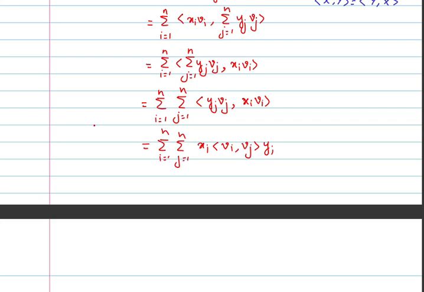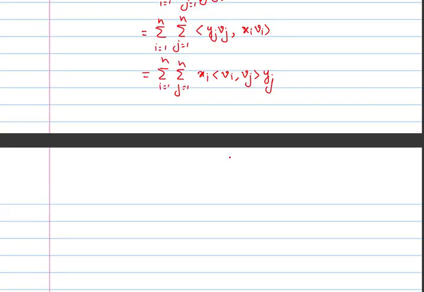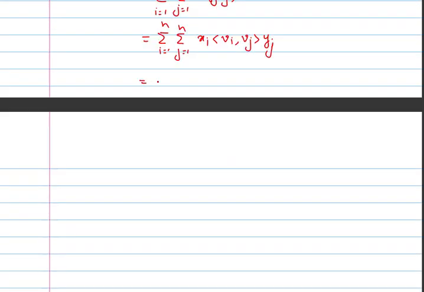Then this becomes summation i equal to 1 to n, summation j equal to 1 to n of xi times vi comma vj times yj.